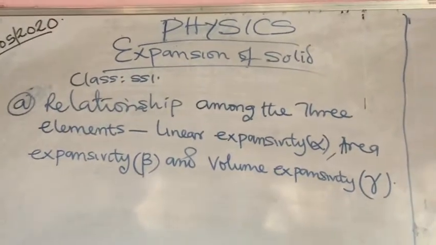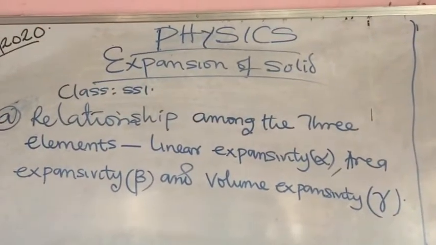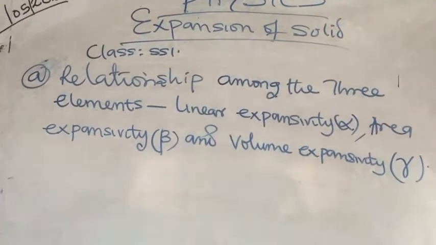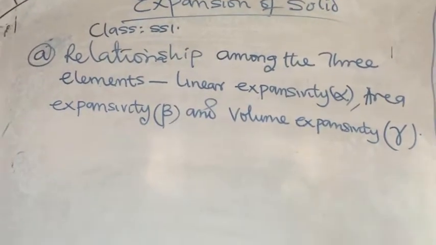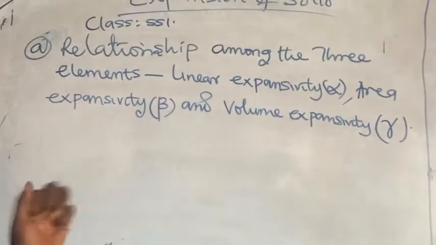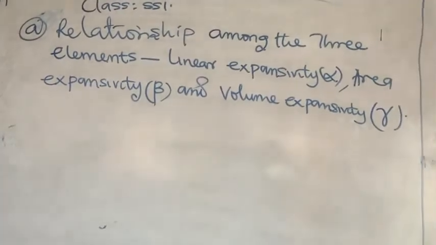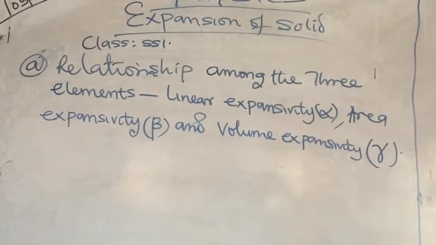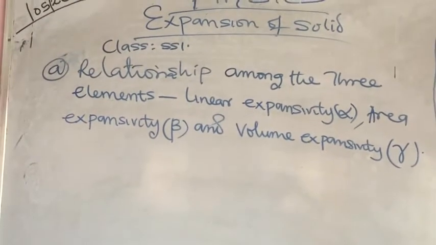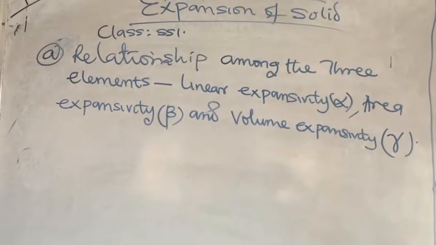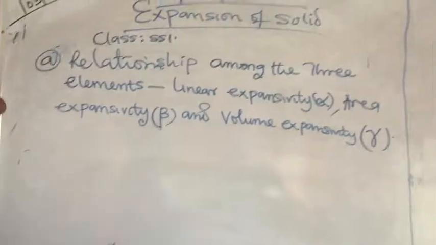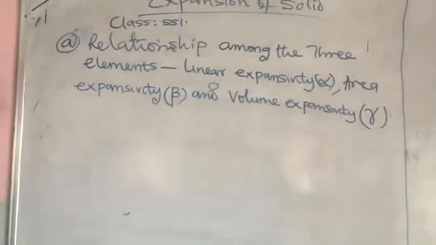But if it includes both the length and breadth of the object, then we talk about area expansivity, beta, as the symbol. But if we include the length, the breadth, and the thickness of the object, then we talk about volume expansivity of the solid, gamma, as the symbol.